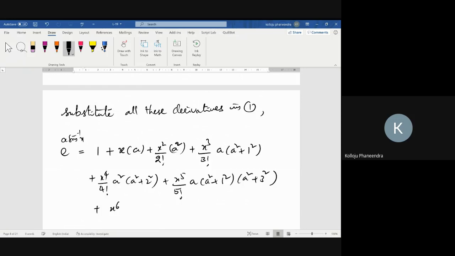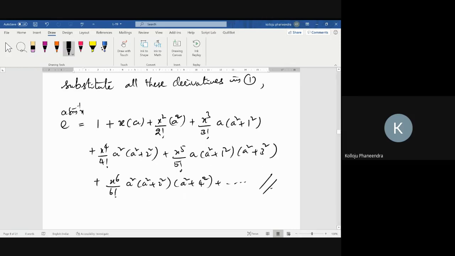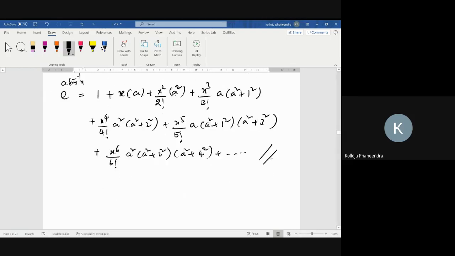And lastly, the sixth by 6 factorial: a square into a square plus 2 square into a square plus 4 square, and so on. Whenever you want to compute higher degrees, use the successive differentiation formula. This is one method, e power a sine inverse x.